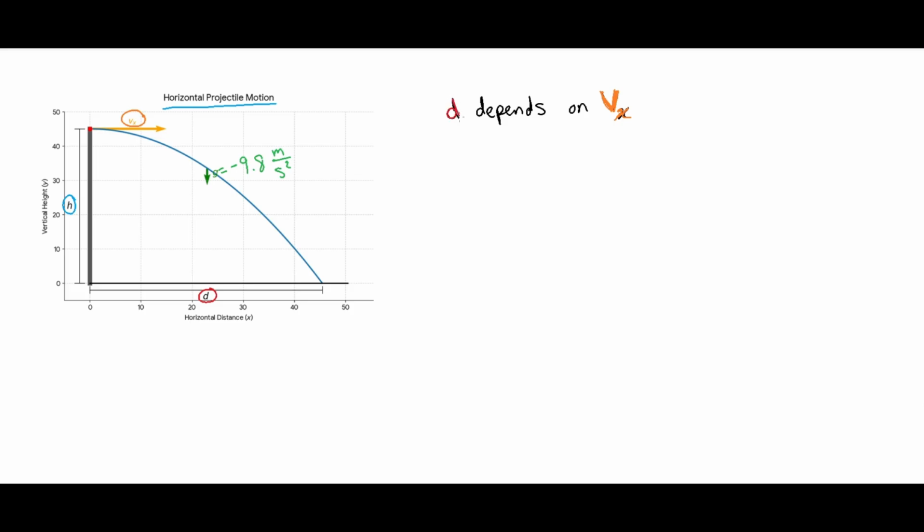You're going to throw it harder, but horizontally, and it's going to go even further than this d. So the bigger the horizontal velocity, the bigger the distance.